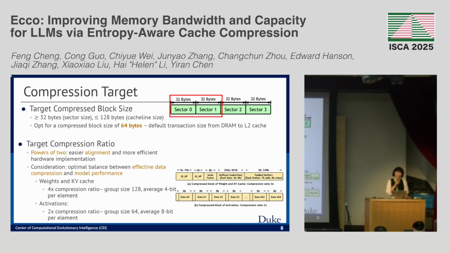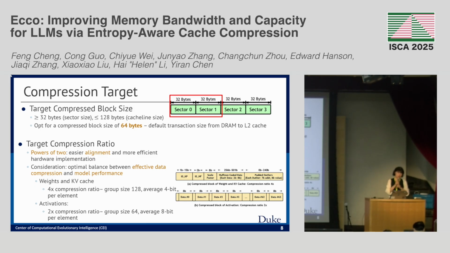In modern GPU architecture, 32 bytes is used as the sector size for memory transactions, and most cache lines use either 64 bytes or 128 bytes. In this work, we choose 64 bytes as the compressed block size to strike the balance between minimizing the hardware overhead and maximizing the bandwidth utilization.